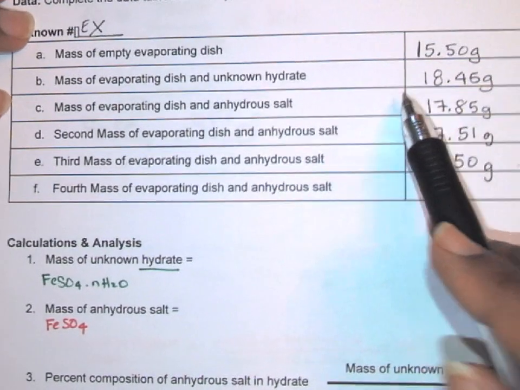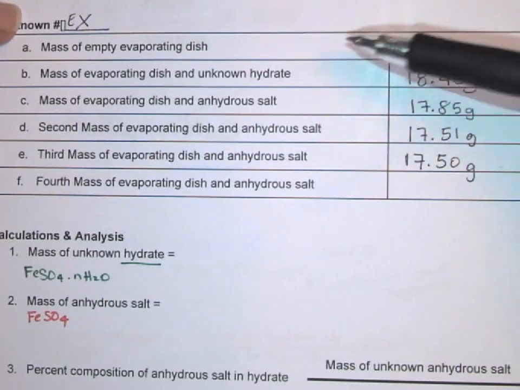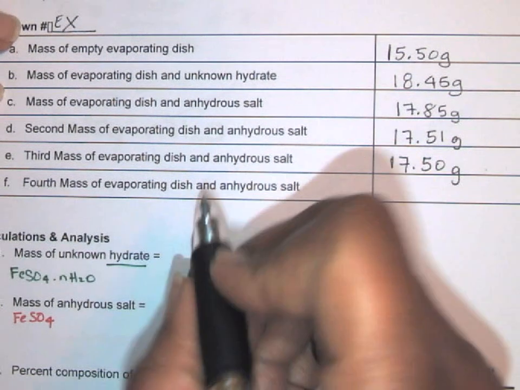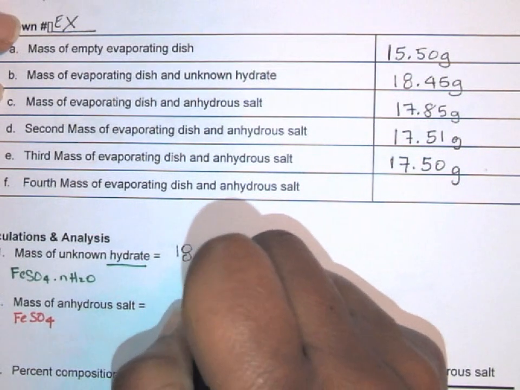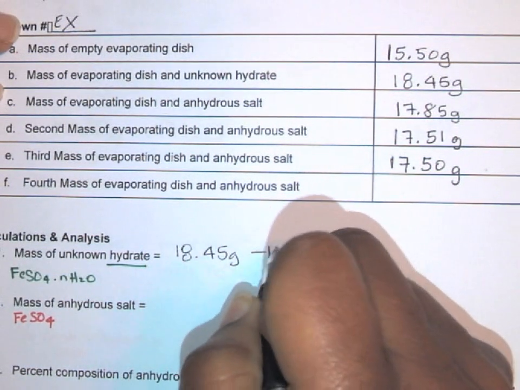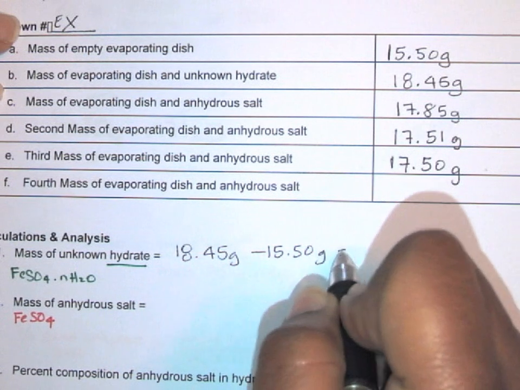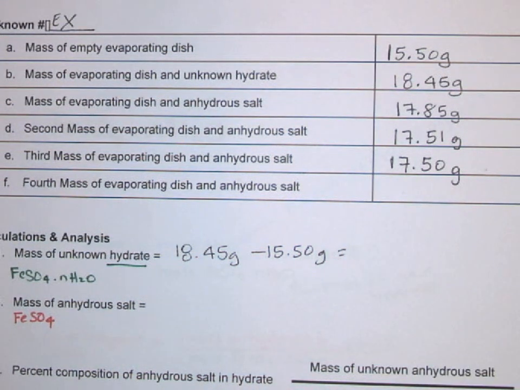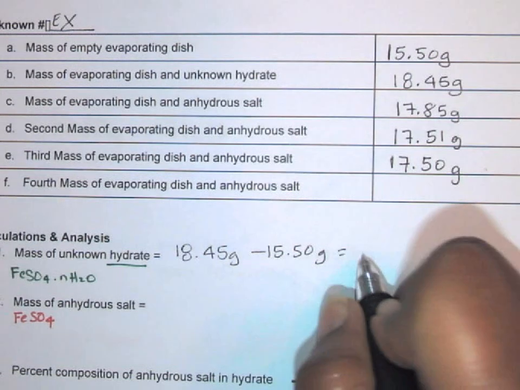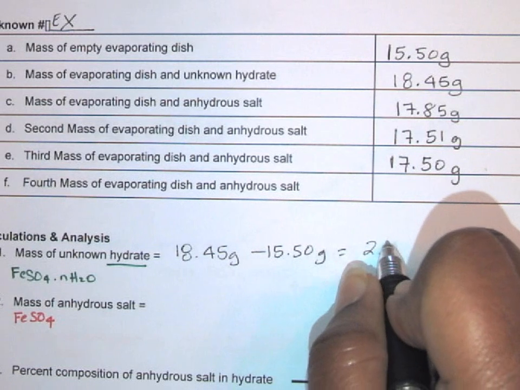For my values, that would be the first and the second: 18.45 grams minus 15.50 grams. You plug that into your calculator to get your mass, and that gives me 2.95 grams.